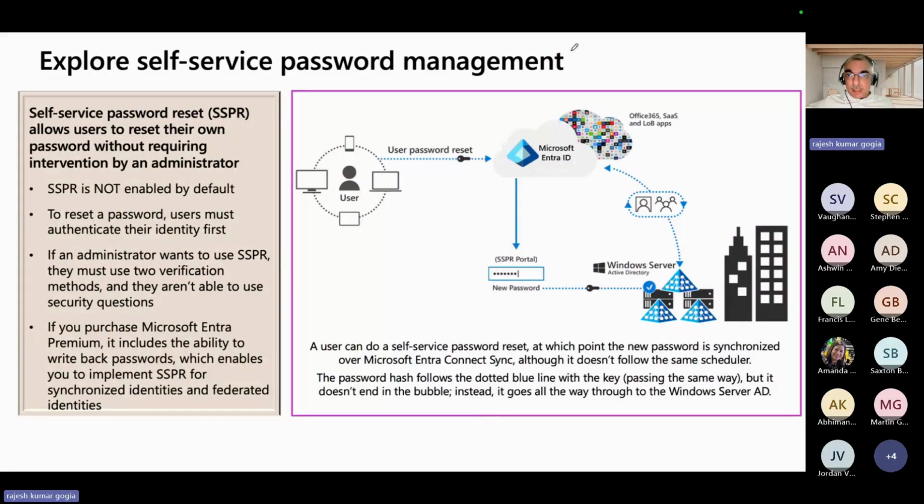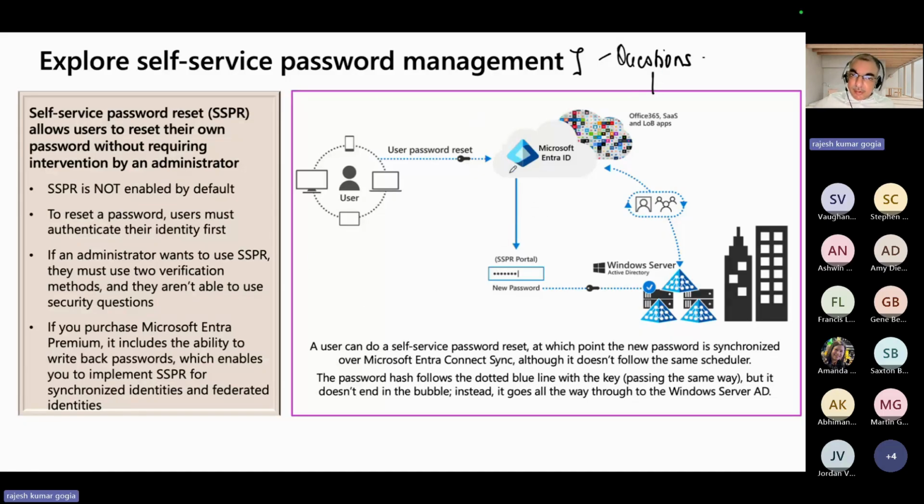And this is the one which helps the end users to reset their passwords so that they are not approaching the help desk team or a global admin to reset their password. They can reset it by themselves. And this happens very easily with the help of questions. So they can answer the questions and these questions can be registered.